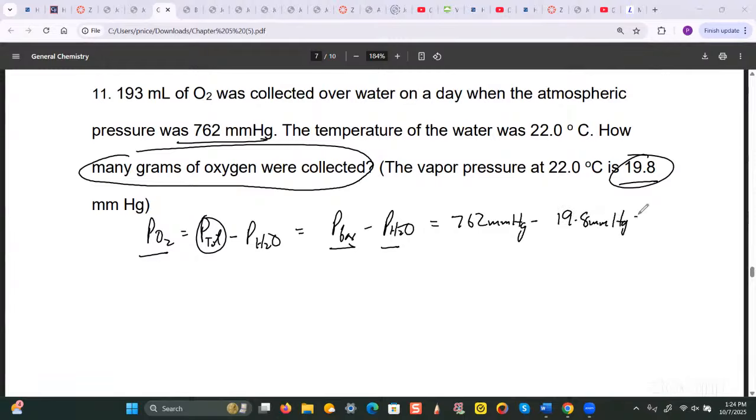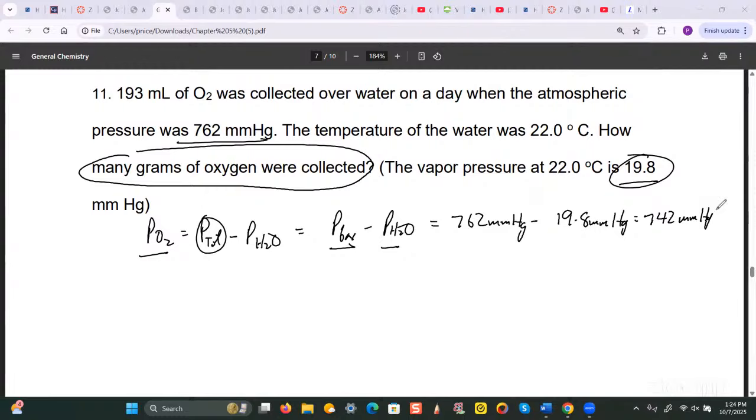So now we can calculate the pressure of the oxygen, which is 762 minus 19.8, and according to my calculation, that works out to be 742 millimeters mercury.